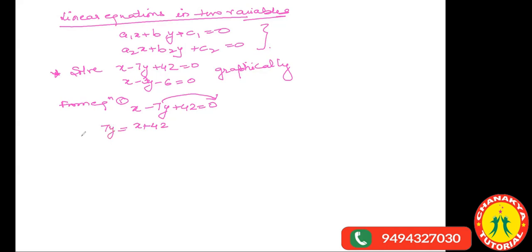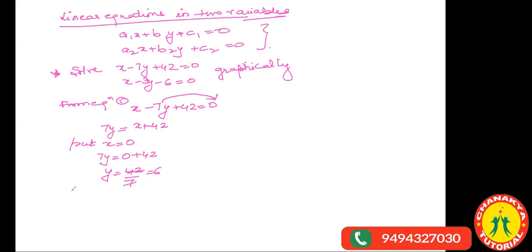Am I correct? Now, first of all, put x is equal to 0. So what will be the value of 7y then? 0 plus 42. Then the value of y will be 42 by 7, so it will be 6. Clear this thing?